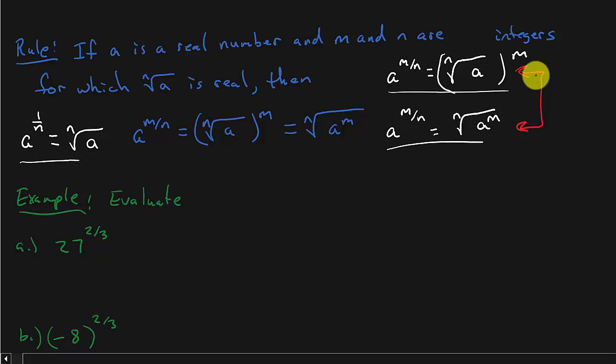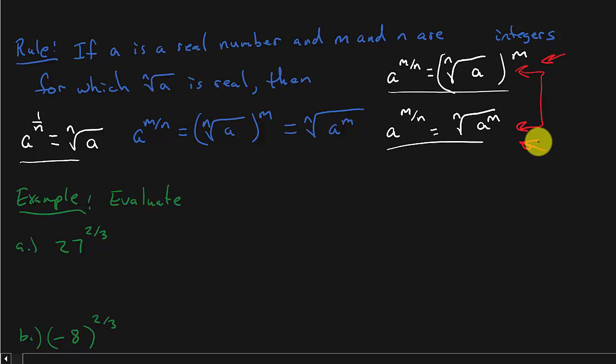Well, you use the one that's easiest to use for whatever problem you have. I'm going to show you that in this first example, this 27 to the 2/3. For part A on this example, we're going to work it two different ways. We're going to do it this way, and we're going to do it this way.